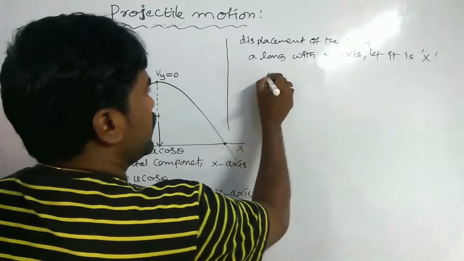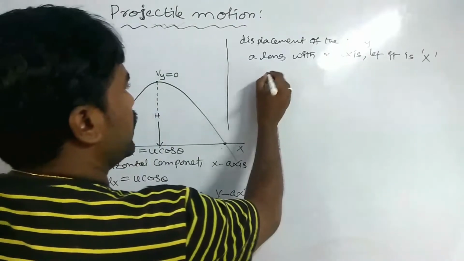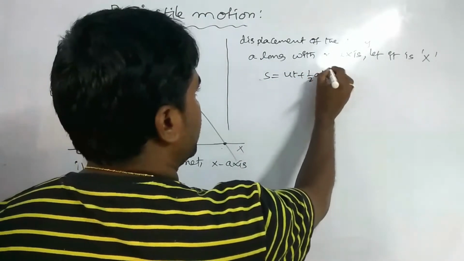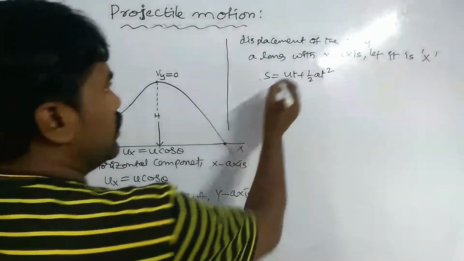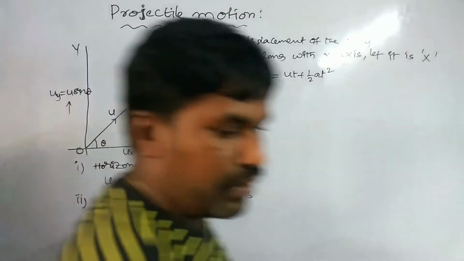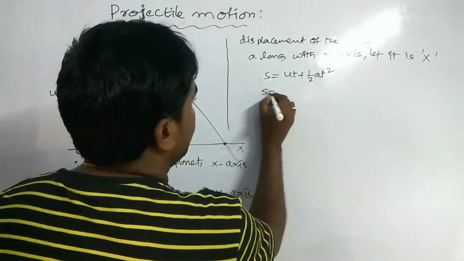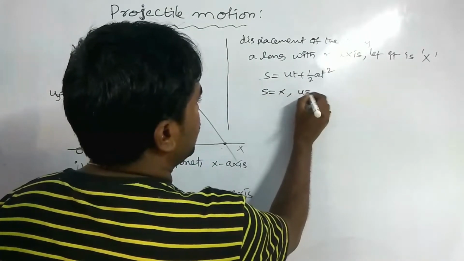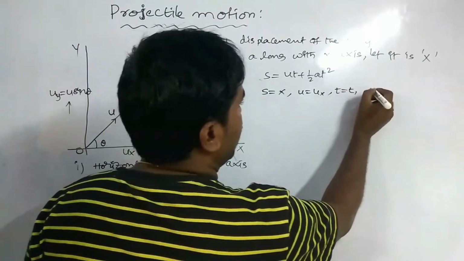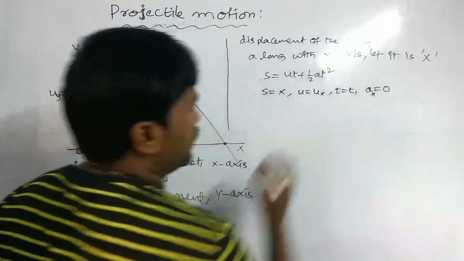Therefore, displacement x, from the laws of equations of motion, s is equal to ut plus half at square. You can write that s is the distance along the x-axis, so s is equal to x, and u is ux, and t is t, where a is equal to 0 here because of a along the x-axis.